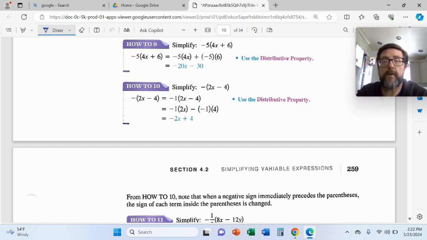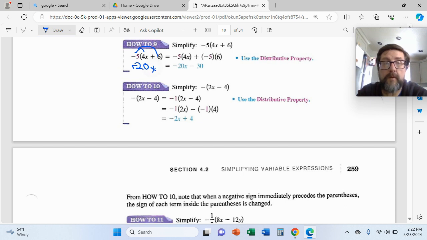Let's look at this one. Negative 5 times 4x, negative 5 times positive 6. So we are going to go negative 5 times 4. That should be negative 20, and we've got to put the x on.